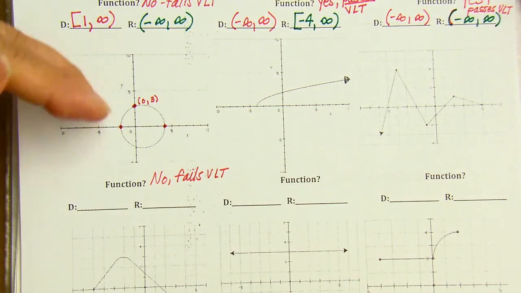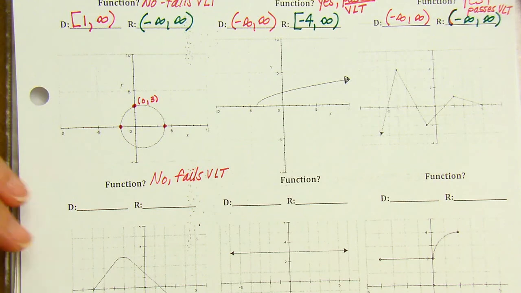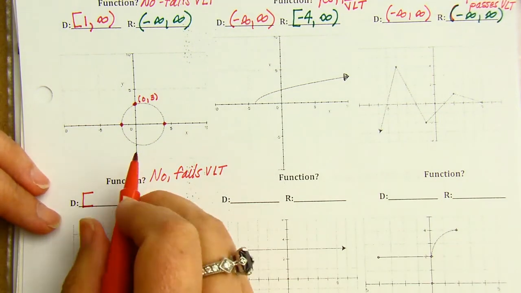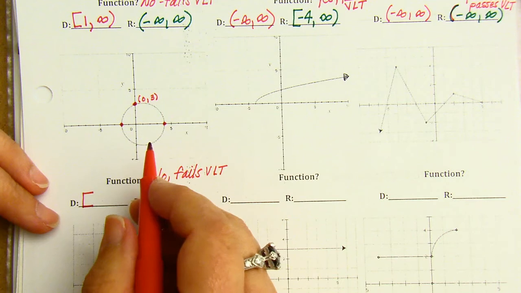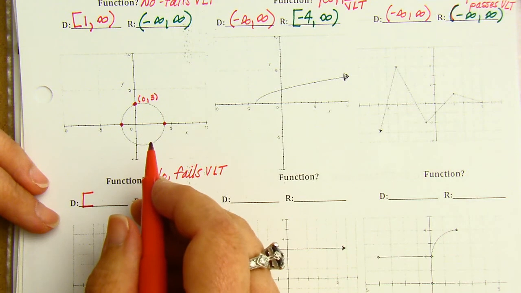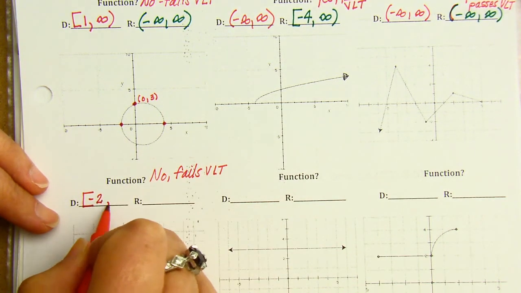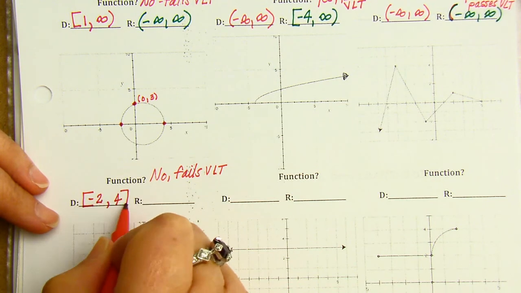Okay, so that x value of 0 is on that function. So, well, it's not a function, the x value of 0 is found on this graph. Starting at negative 2, stopping at positive 4.